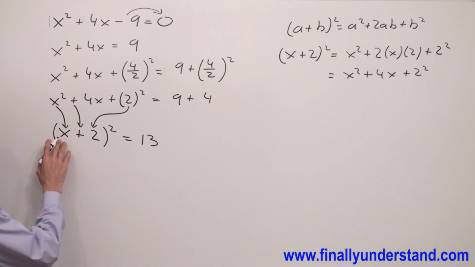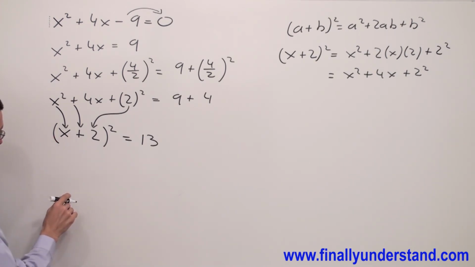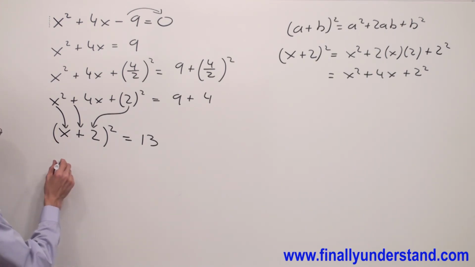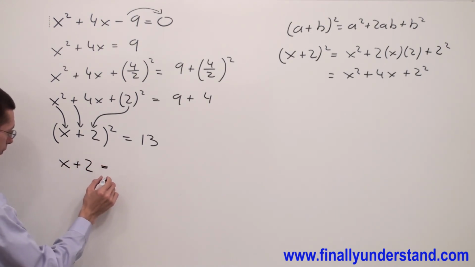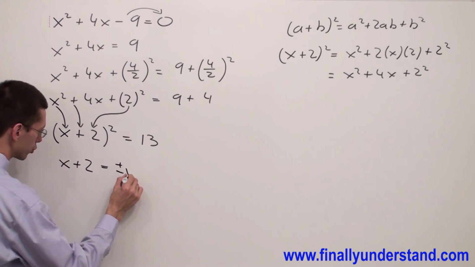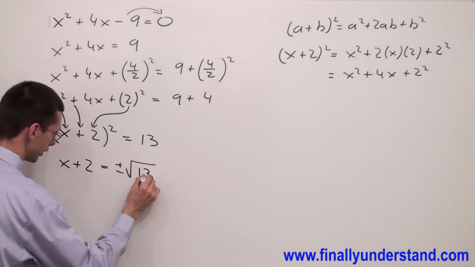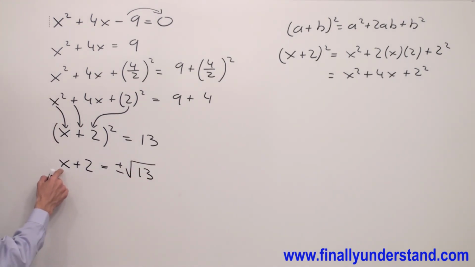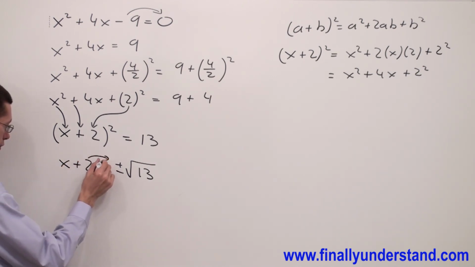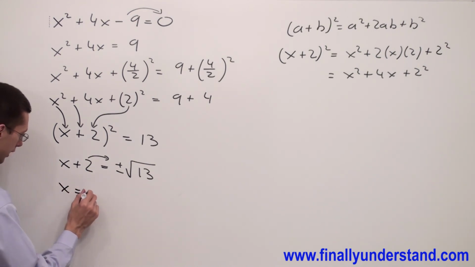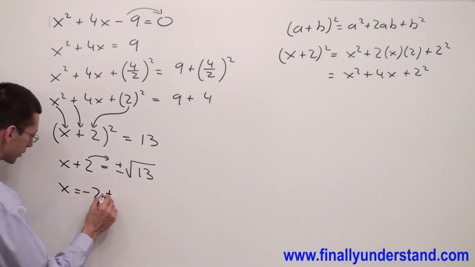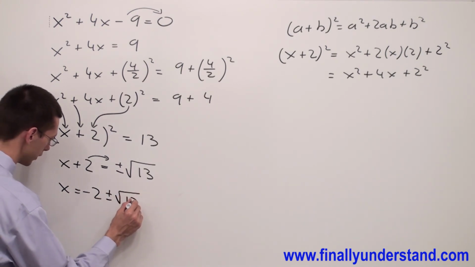In order to find the value of x, we're supposed to find the square root of both sides of the equation, and we are going to have x plus 2 equals plus minus square root of 13. In order to find x, I have to move 2 to the right side, and I have x equals negative 2 plus minus square root of 13.